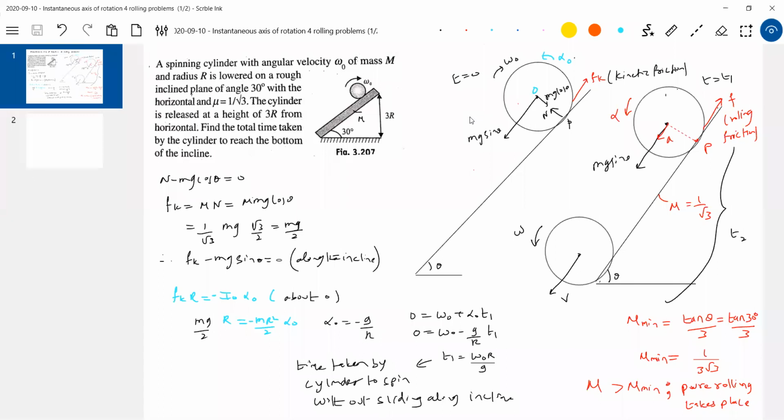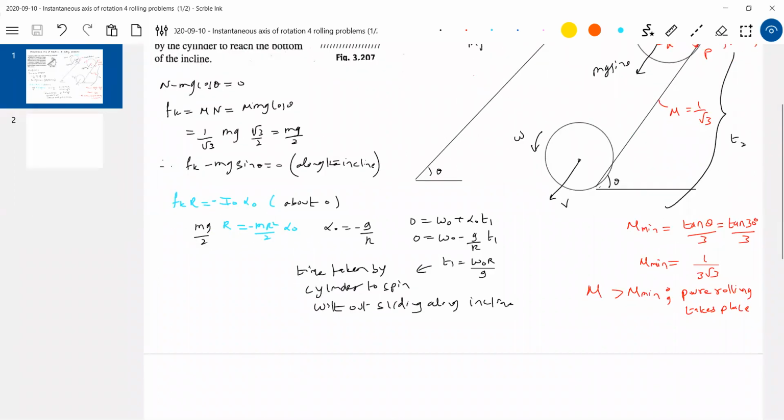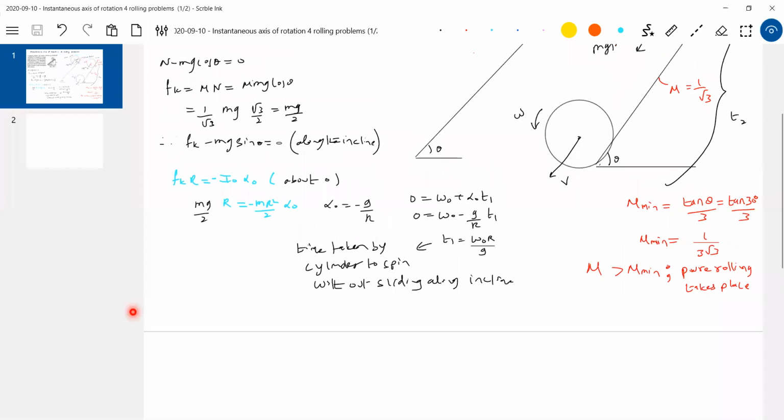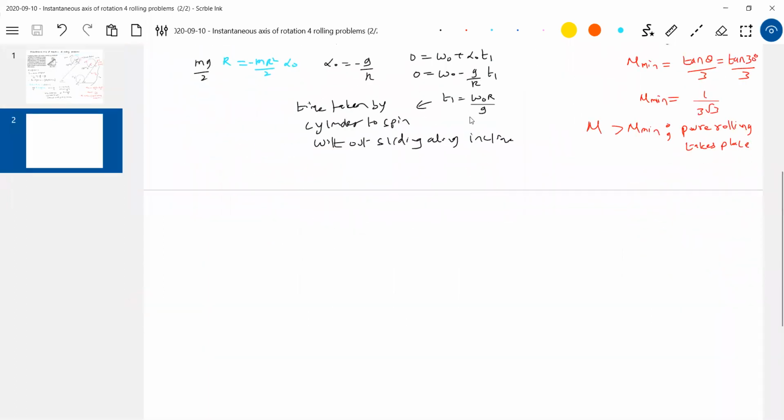Okay, now let's come. Pure rolling will occur. So what is the time taken? Can we calculate the expression for acceleration? What are the formulas? mg sine theta minus f equal to ma. Then f into r is equal to mr square by 2 into alpha for pure rolling.